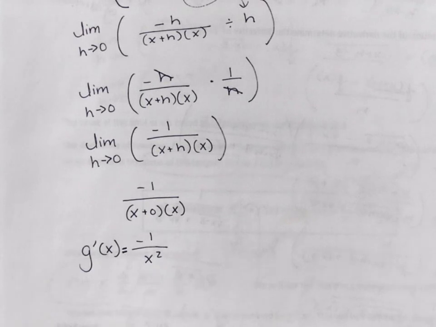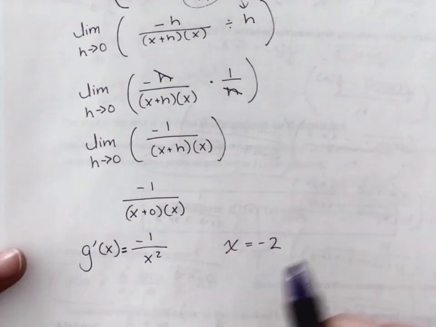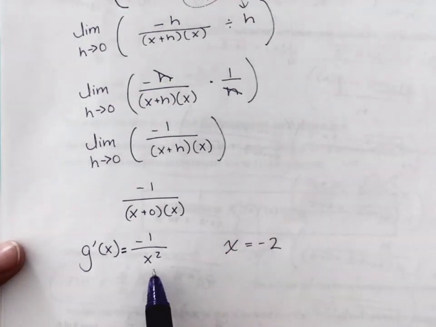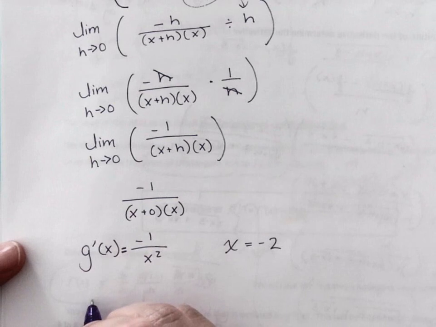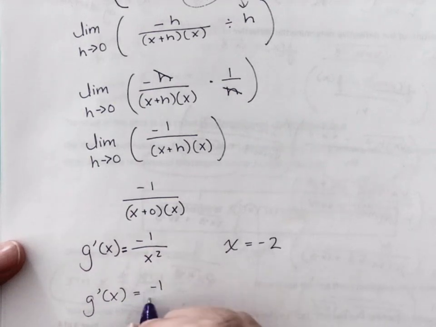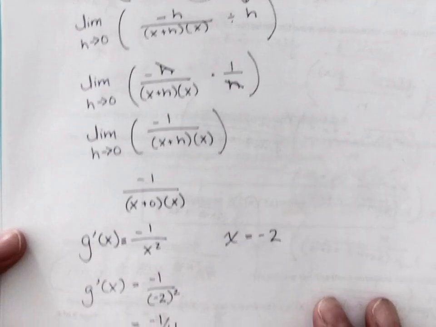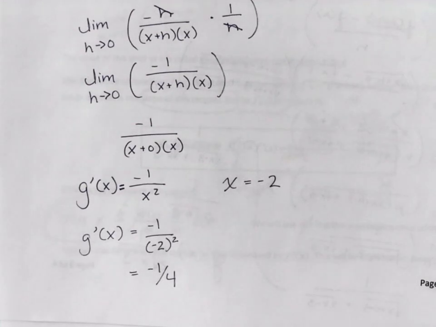And so now we have our point of tangency, so all we have to do is substitute it into the derivative. So the slope at -2 is -1/4.